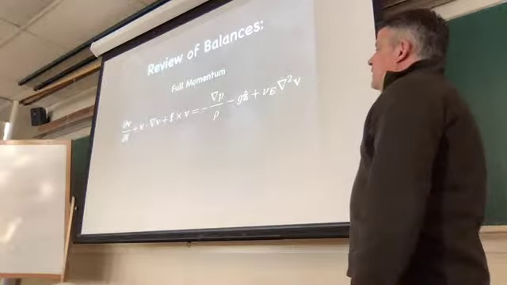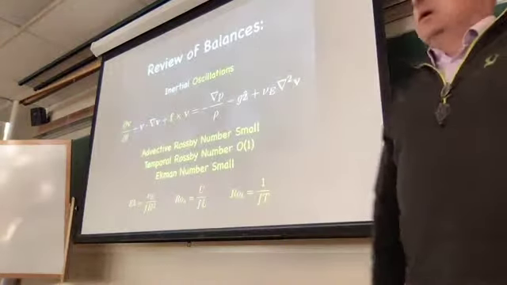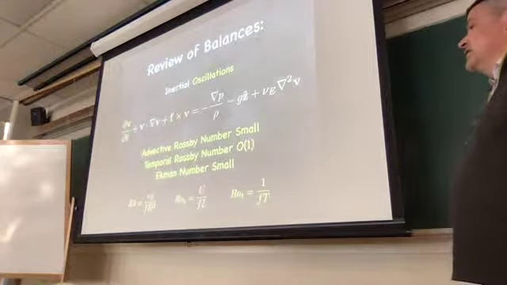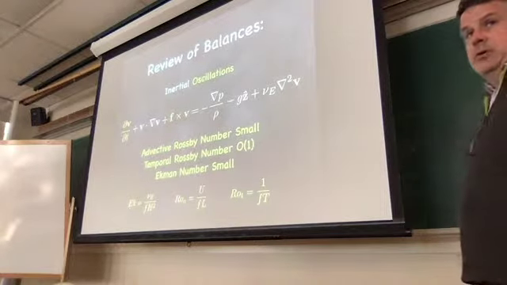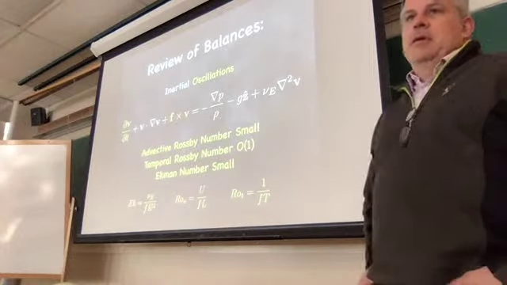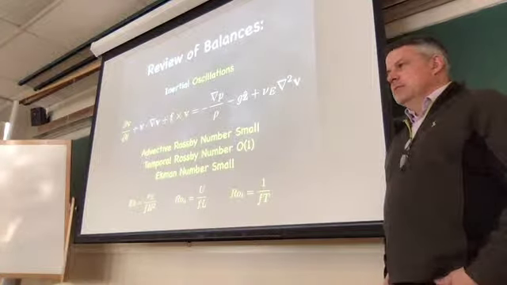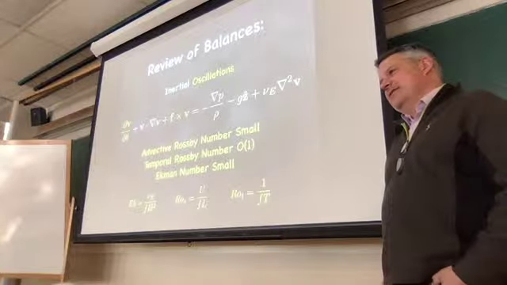Okay, so this is the momentum equation, which we have been staring at a lot. All right, so these are inertial oscillations. Which one is an inertial oscillation? When did we see these?